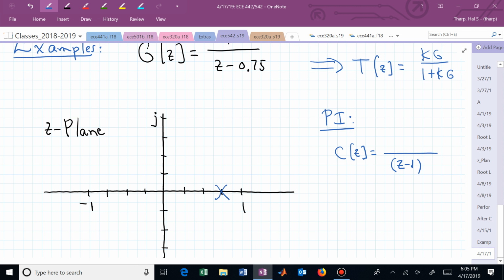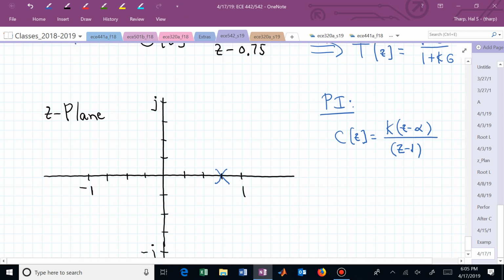But now, in addition to having an adjustable gain, we also have the opportunity to put a 0 in our z-plane. And so now, I'm going to distinguish between, there's my controller pole.